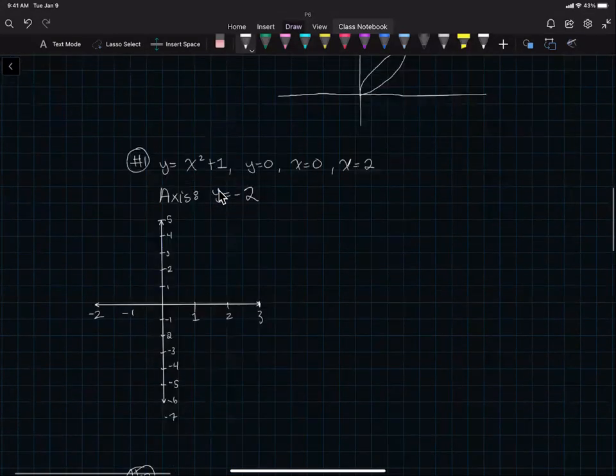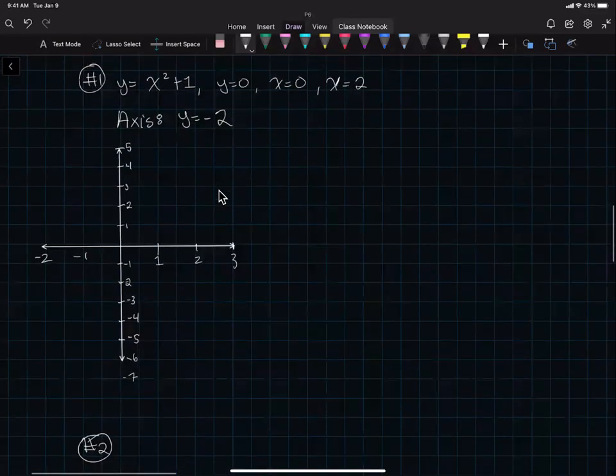So let's go to problem number 1. Everybody, please go to problem number 1 on your assignment, which is A10. Let me know if it's opened on your Schoology. So can you guys see the assignment or no? I believe not.